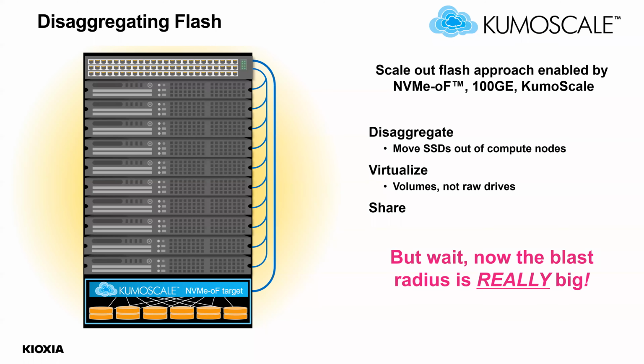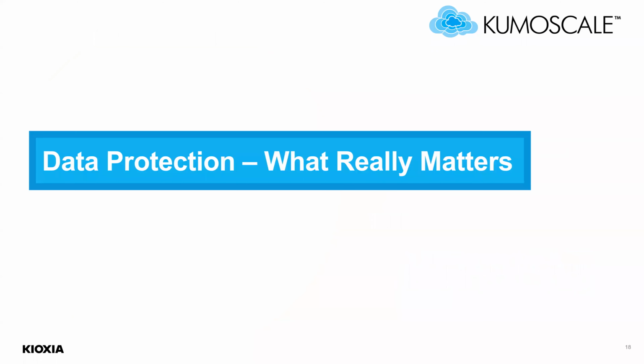But now we've made the blast radius really big. If this is a 2U platform with 24 drives in it, now we have a 200 terabyte or 400 terabyte blast radius to deal with. So it seems like we're going in the wrong direction if you actually care about blast radius.